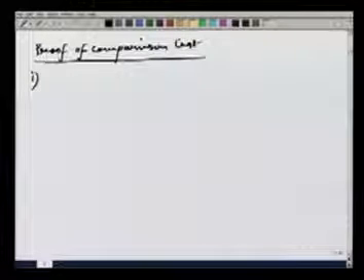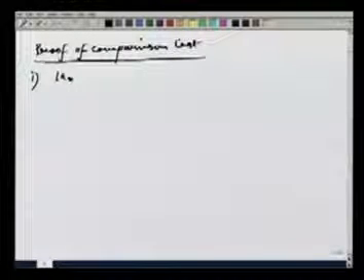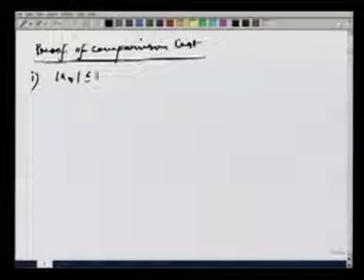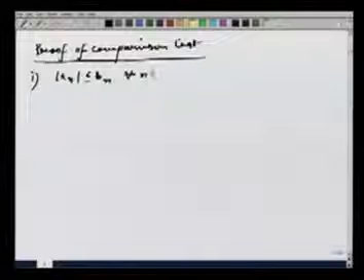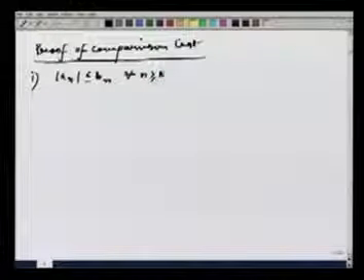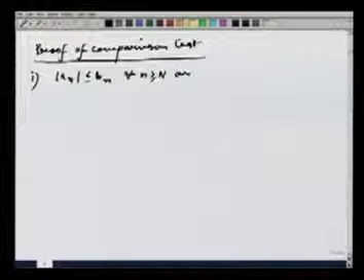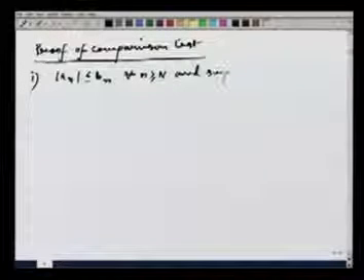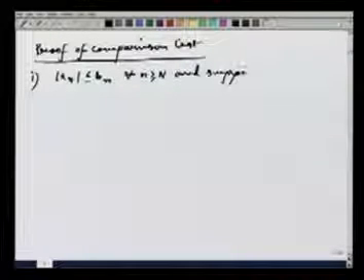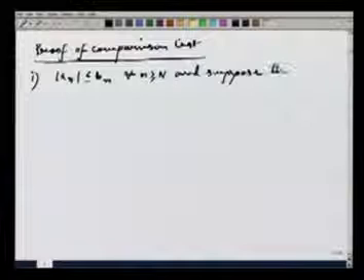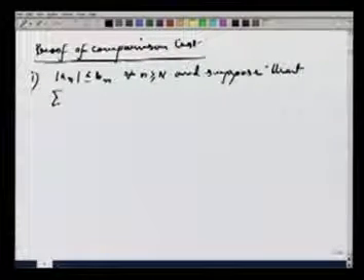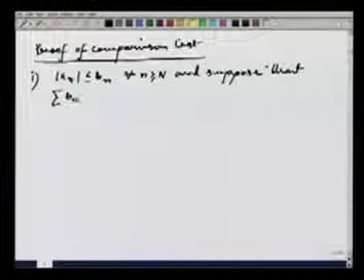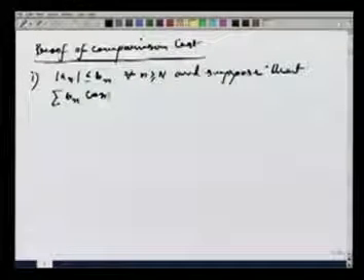So the first one is, it is given that mod an is less than or equal to bn for all n bigger than or equal to some capital N, and suppose that summation bn converges.